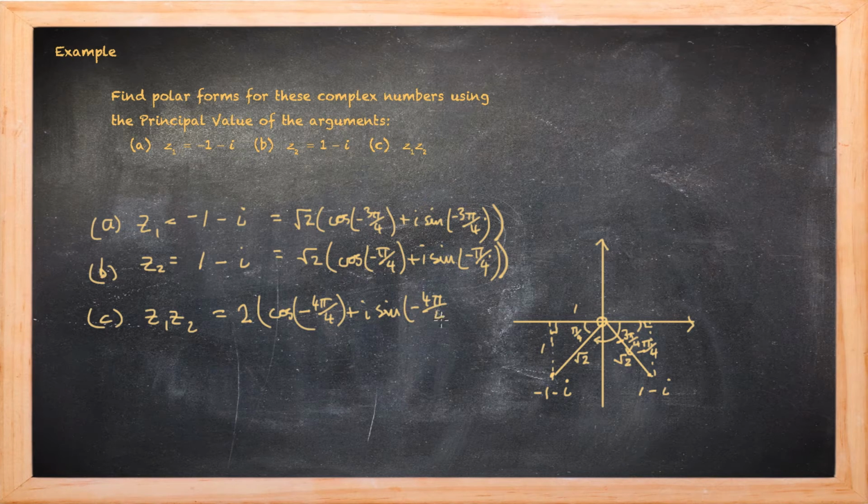And obviously that can be simplified, the 4's cancel, and we have -pi as an argument.